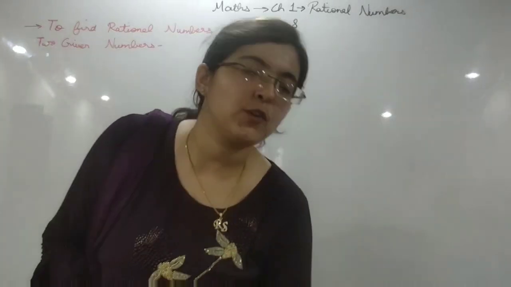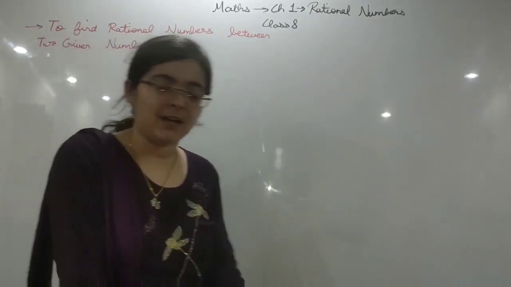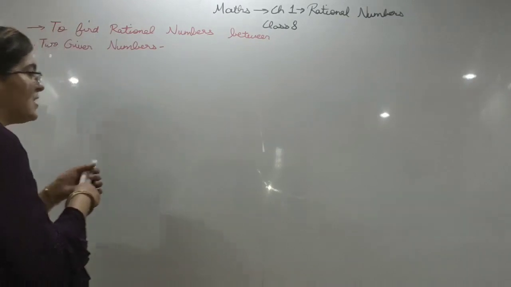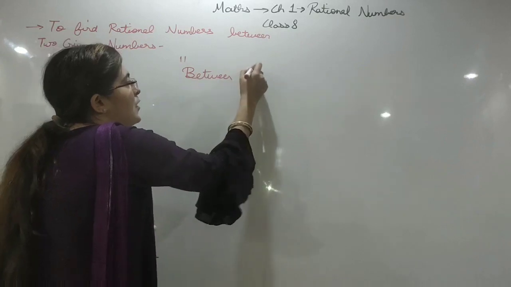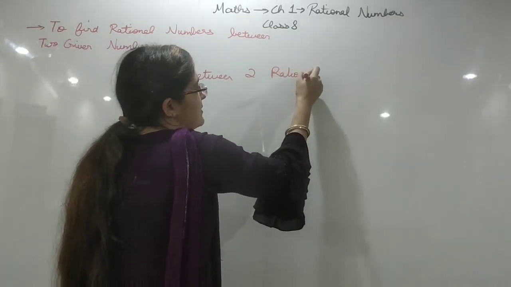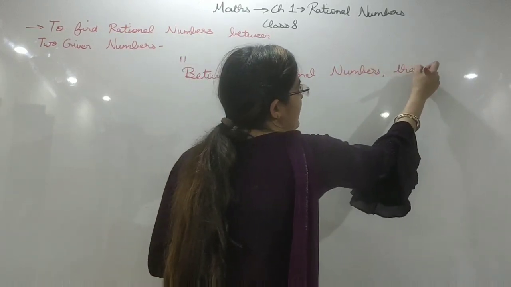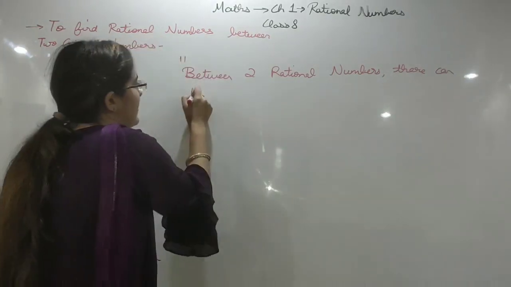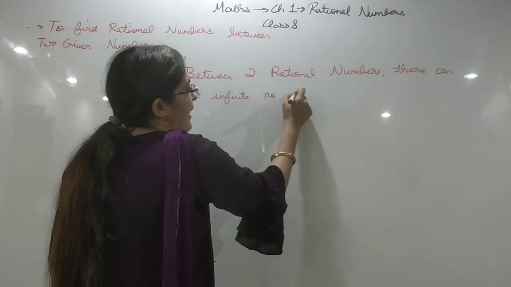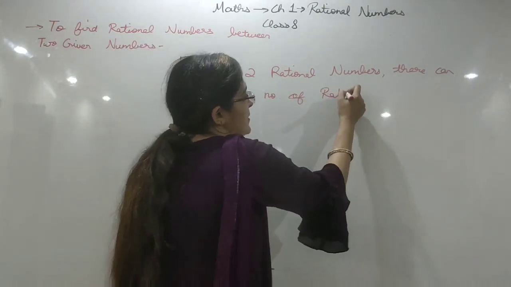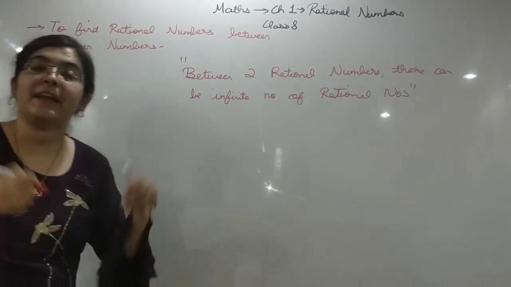Before starting, I want to tell you one note that you should write in your question bank. The space is given here: between two rational numbers, there can be an infinite number of rational numbers. That means between two numbers we can find infinite.